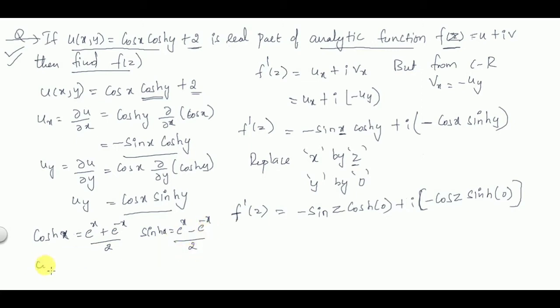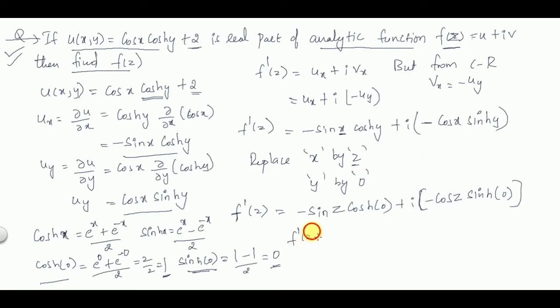So we now need cosh of 0, so in the place of x you substitute 0: e^0 plus e^(-0) divided by 2. e^0 is 1, e^(-0) is also 1, so 1 plus 1 is 2, by 2 is 1. So the cosh of 0 value is 1. Similarly, for sinh of 0, this is 1 and this is also 1, divided by 2. So 1 minus 1 is 0, and 0 by 2 is also 0. So the sinh of 0 value is 0.